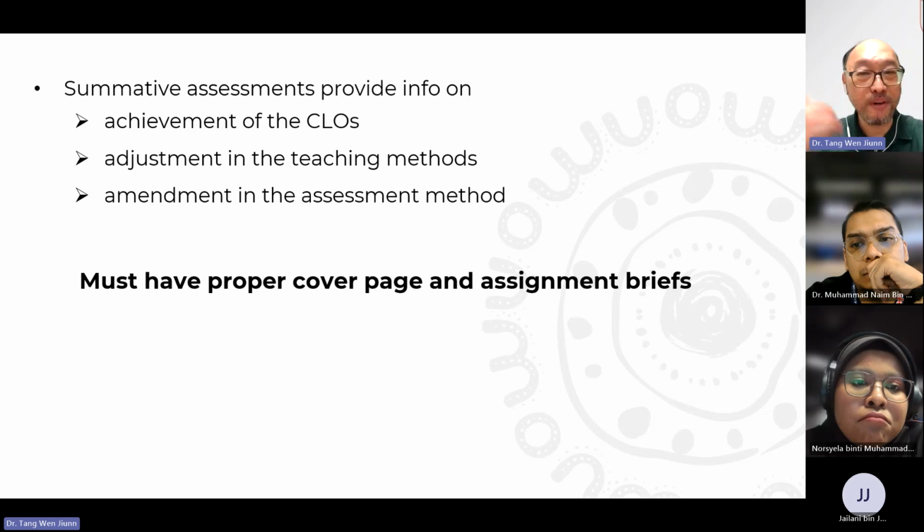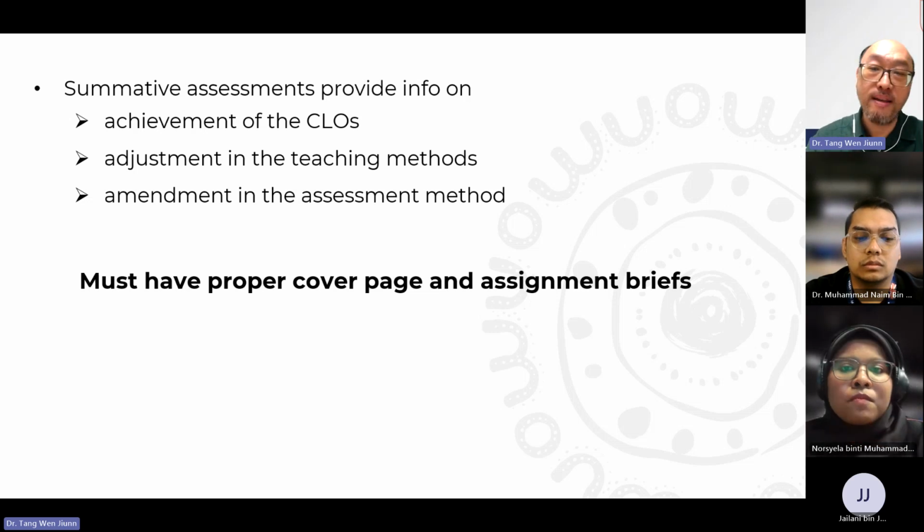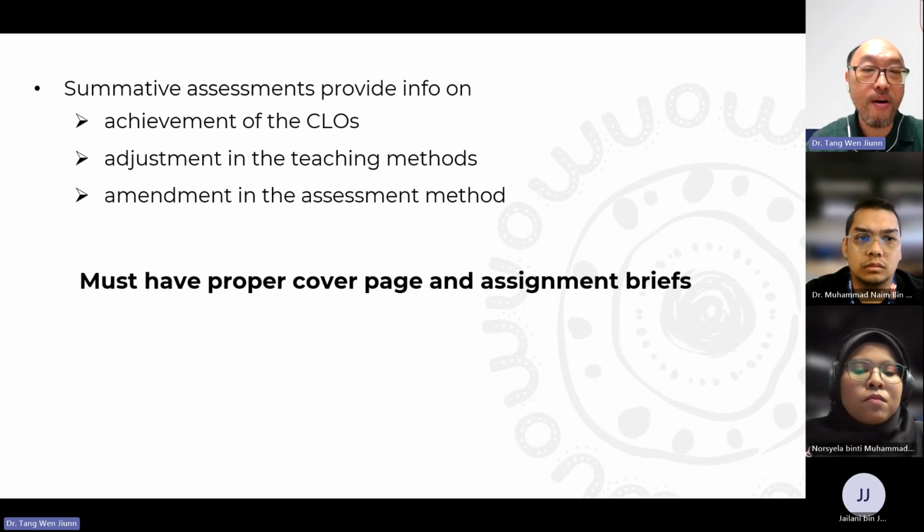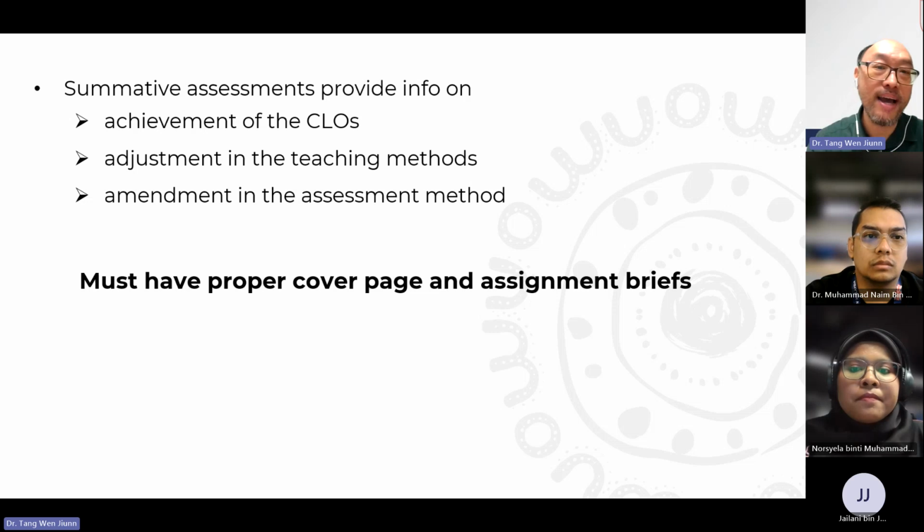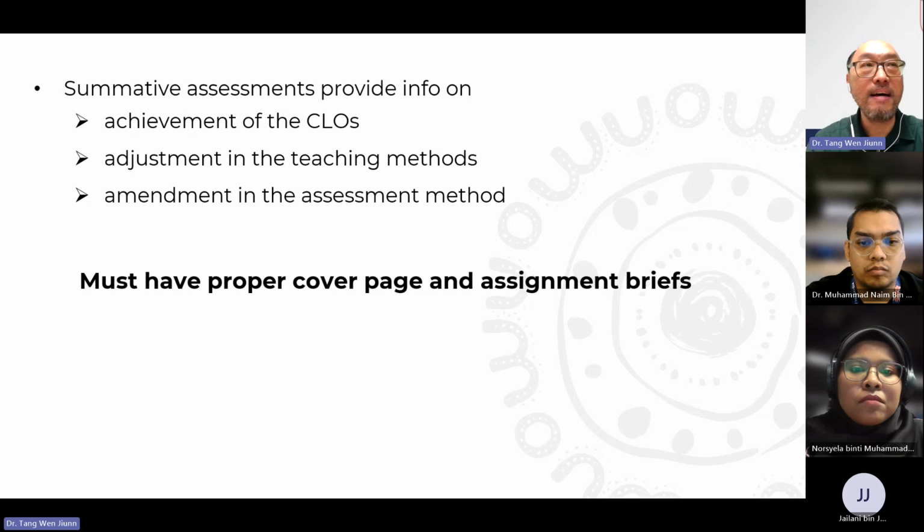Let's say a lot of students fail. Then this is where we have to reflect back on what we have done along the way. From there, we can do some adjustment to the teaching method or the teaching materials. It's also time to revise the assessment methods. Are these questions related, or is there anything missing from the briefing?